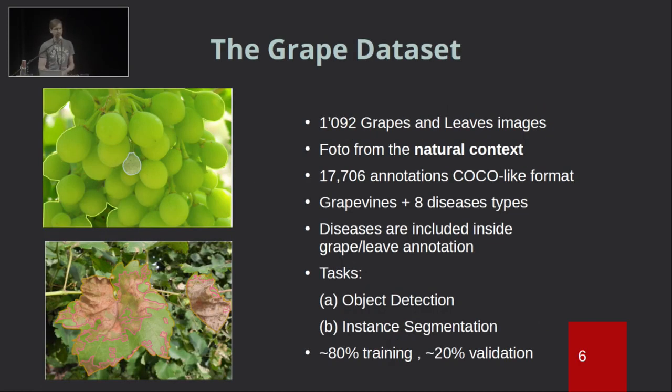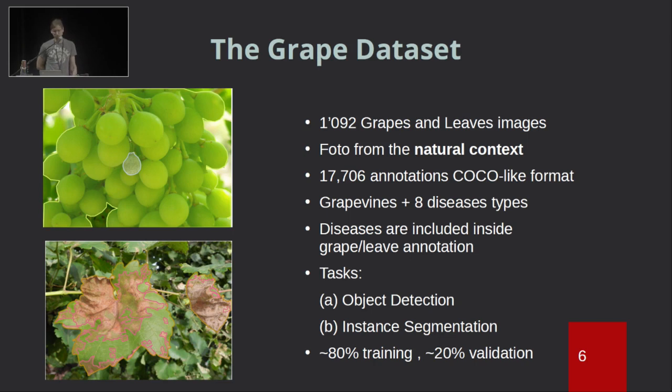So for that we collected more than 1,000 images taken from a natural context, because we wanted to emulate the worst scenario, where people use their phone and the image can include, apart from the plants, any kind of objects and any kind of diseases.